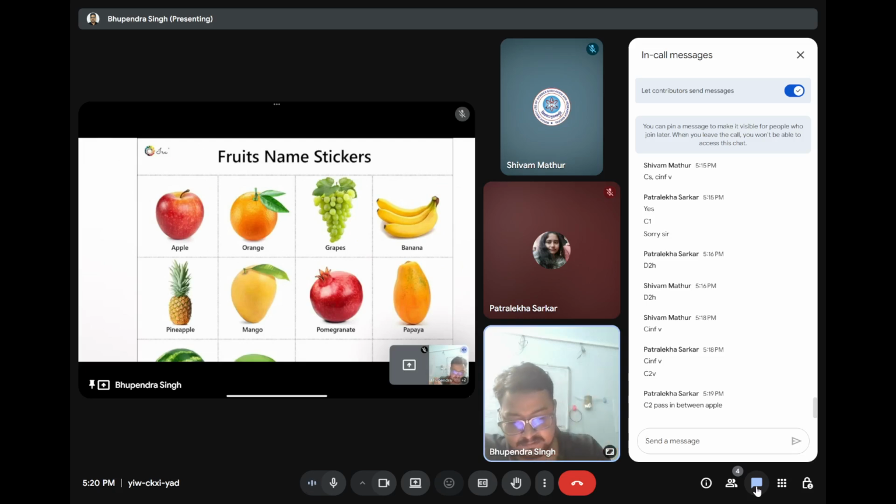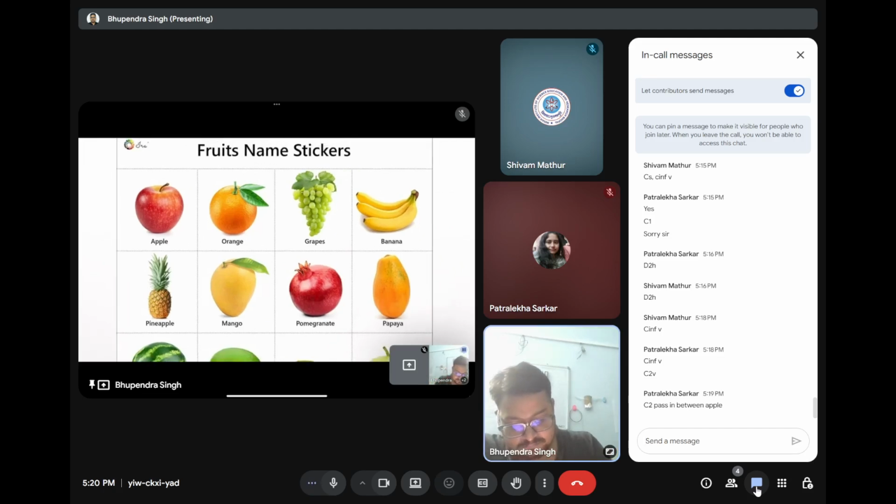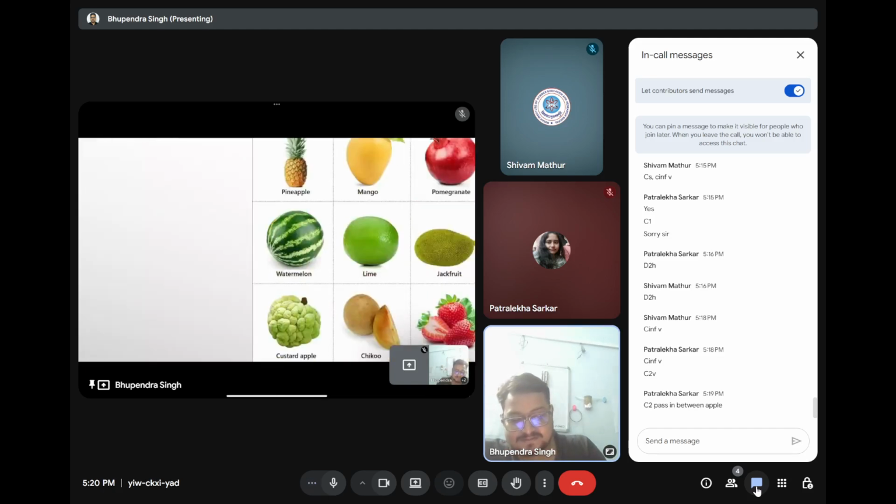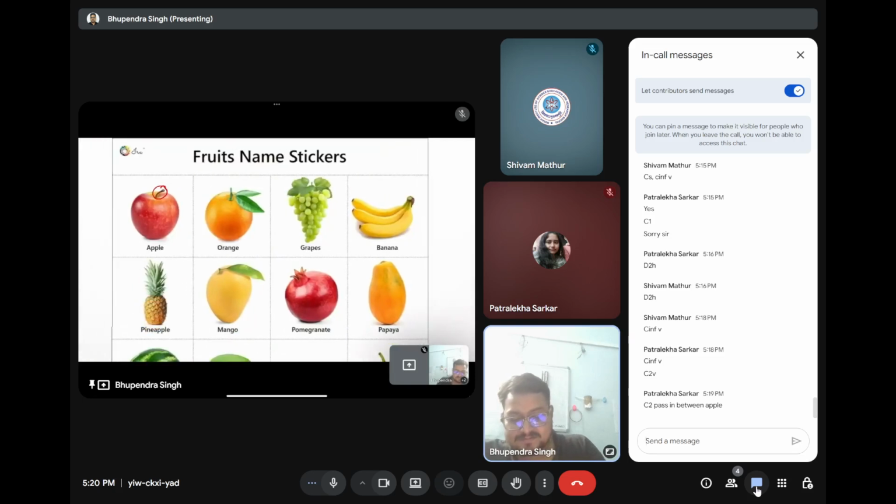Okay, nobody is replying, so I'm telling you. See, because of this, what is this? There is no C2 present. If you pass this axis, it will reflect this side, not the equivalent orientation of the apple.